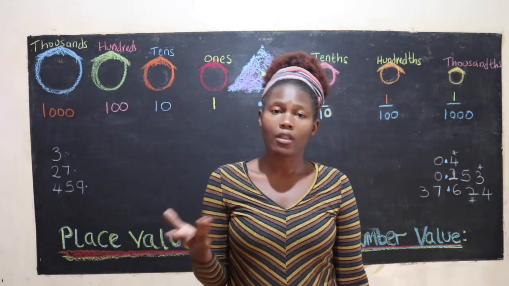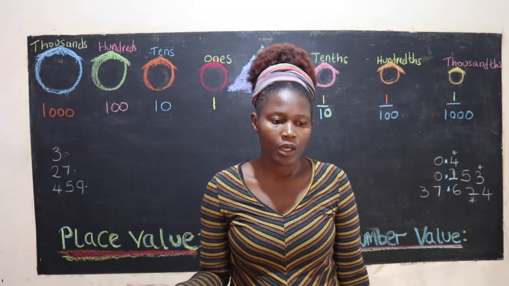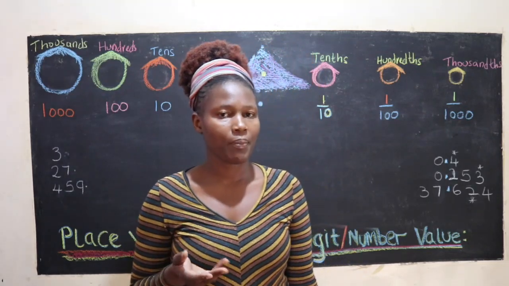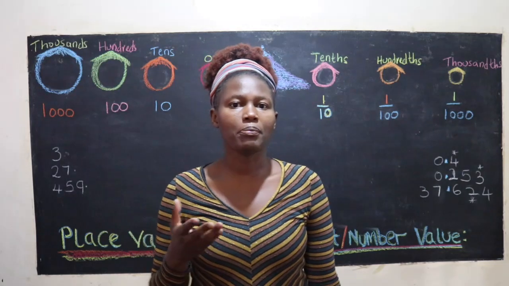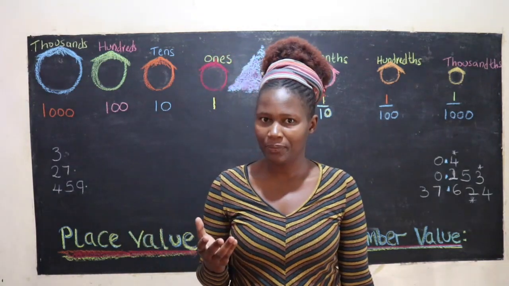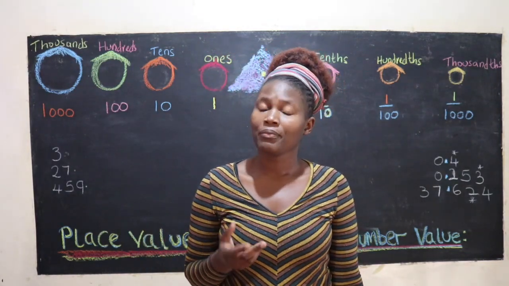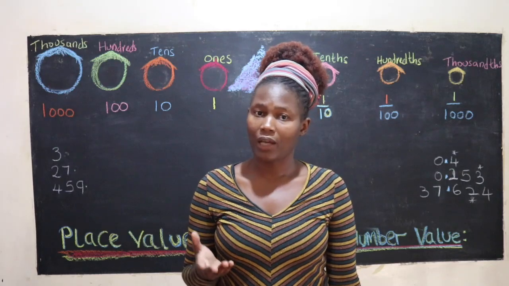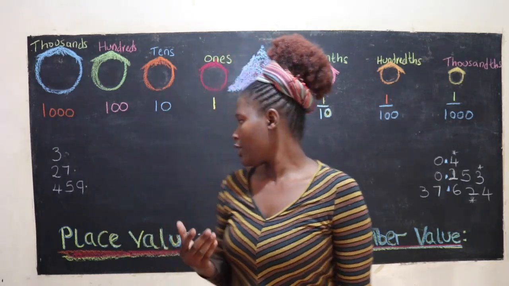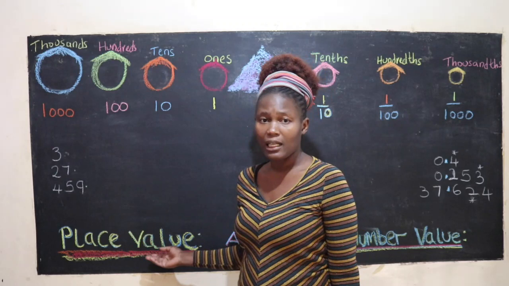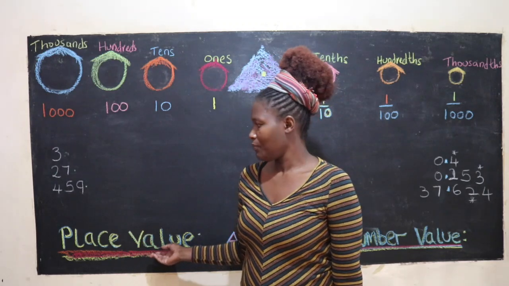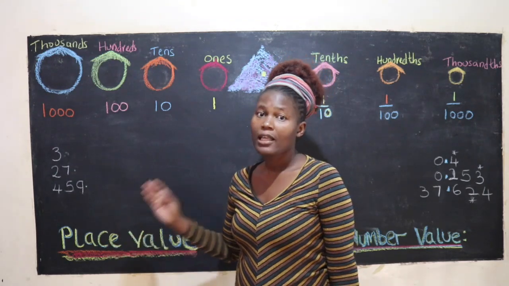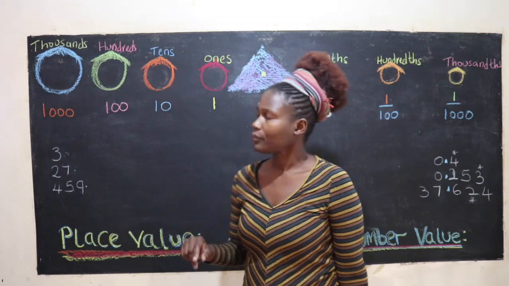Where you live, that is your place. So same to the numbers. Every number, depending on its nature, is given a home. And the home of the numbers is called place value. That is their names. So when you think of place, think of a name.